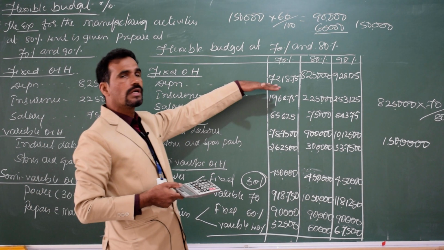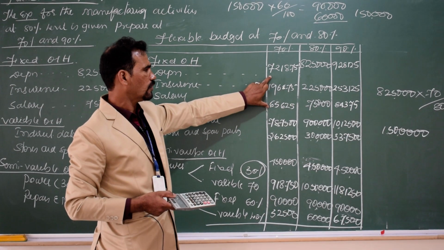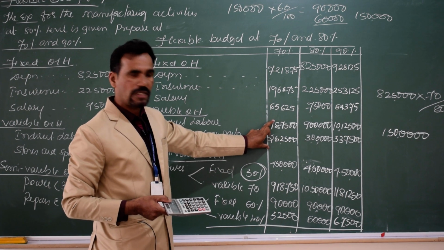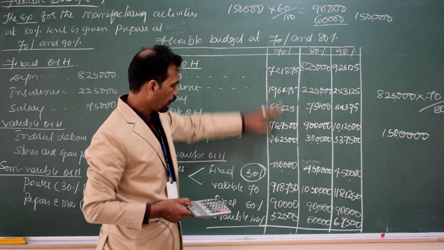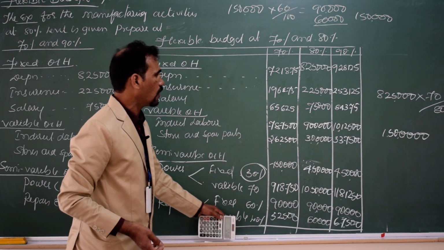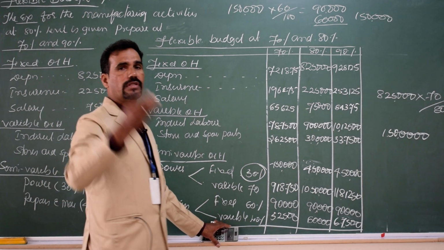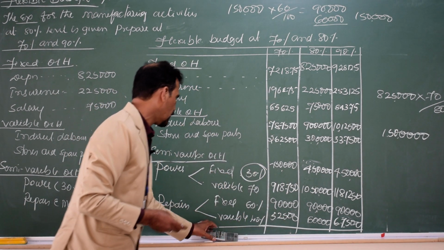So now he has given different costs. First he has given the fixed cost, variable cost and semi-variable cost also. So take the total for all the levels, it is called the total cost. With this total cost we cannot find the cost per unit, but only the total cost. So what is the total cost of all?